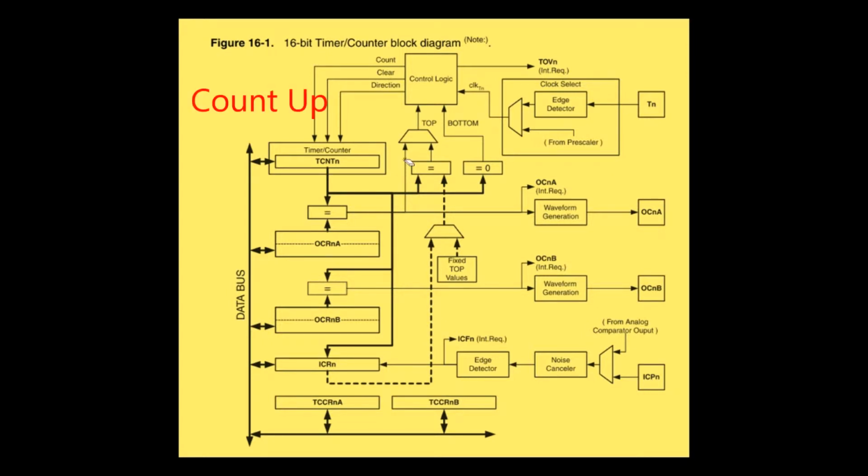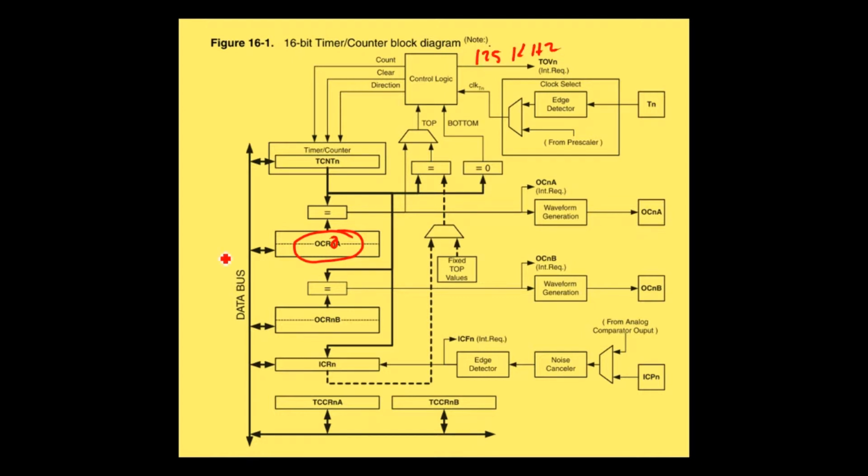Okay, and what we're going to do in our example is we're going to be setting a value in this OCR0A for our chip. The n is fairly generic because there's potentially more than one of these. We're going to be setting a value in there that we've got, say, that 125 kilohertz update rate.